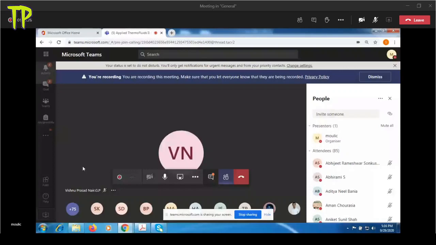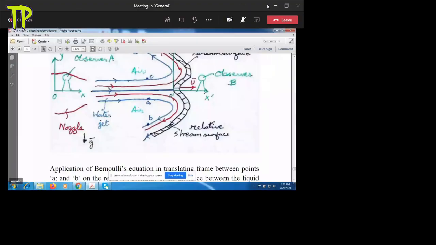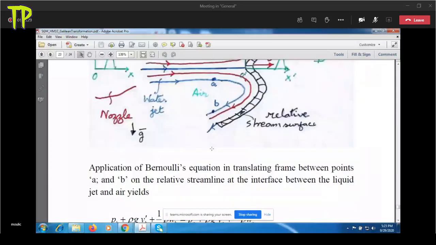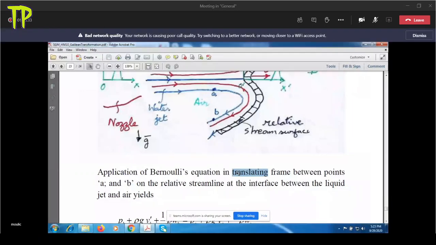Since the pressure at this point small a and this point small b will be the same as atmospheric pressure, we'll apply Bernoulli's equation in the translating frame, because the flow is steady in this translating frame.